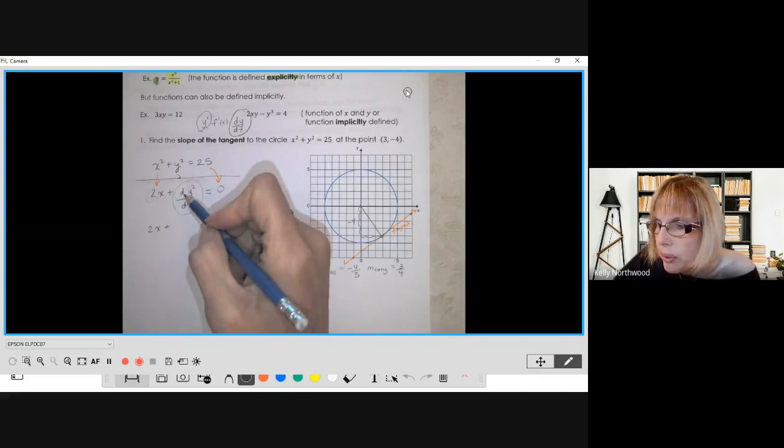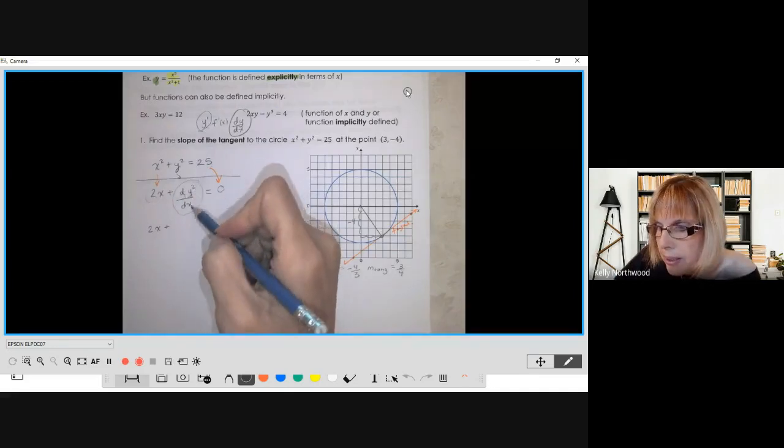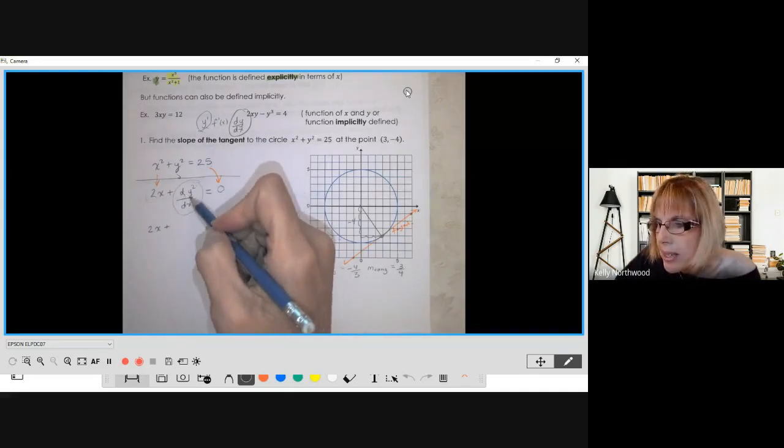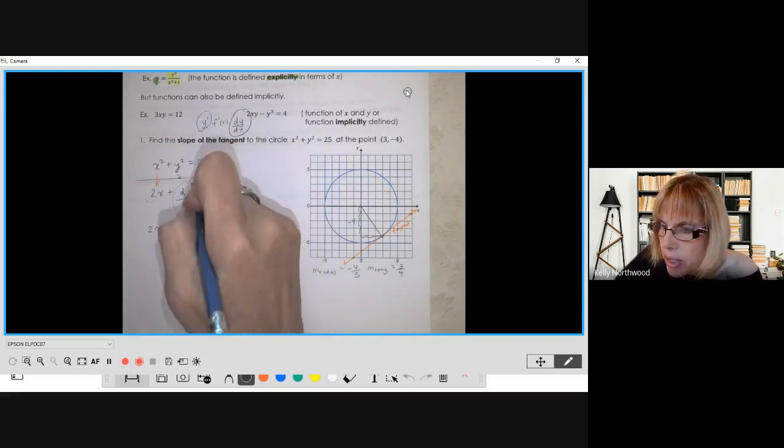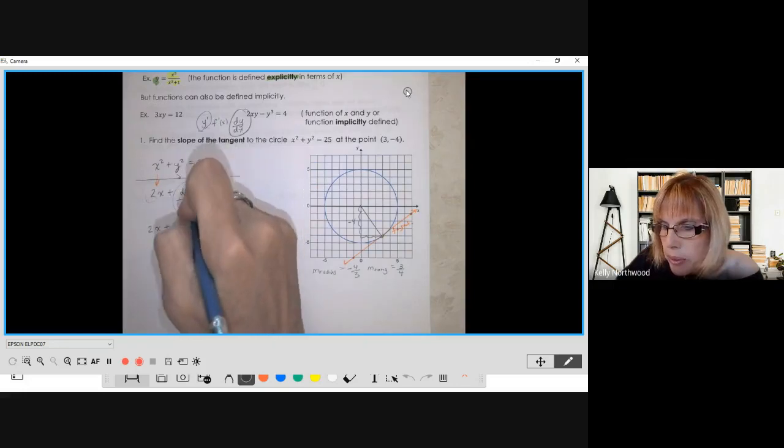If I want to take the derivative of y squared with respect to x, y is not in terms of x, so it involves the chain rule. First I'm going to differentiate y squared with respect to y. That's kind of like my outer derivative.